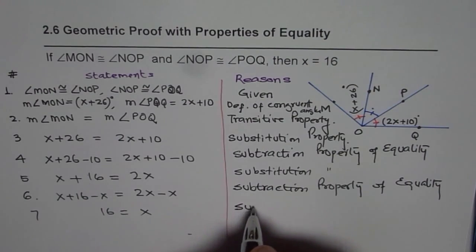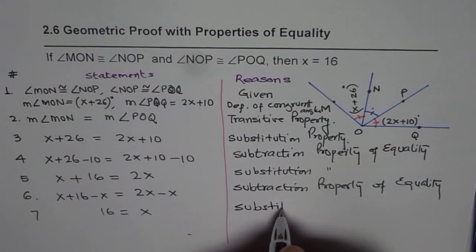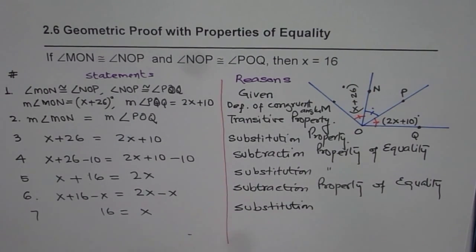So that is substitution. I hope it was not very difficult to follow these logical steps and give reasons, right? So reasons are what exactly you're doing. You substitute it and thereby you got the result. Then x equals 16, right?